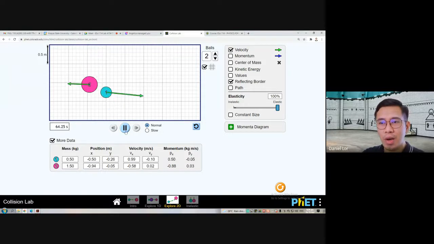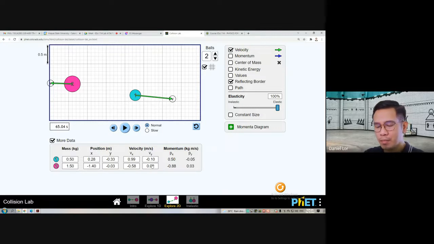Because if we will solve for the velocities, okay, how can we solve for the velocity? To solve for the velocity, we can use the Pythagorean formula, you know the formula, a squared plus b squared is equal to c squared, or the velocity along the x, or the x component of the velocity squared plus the y component of the velocity squared is equal to the final velocity or the resultant velocity squared.